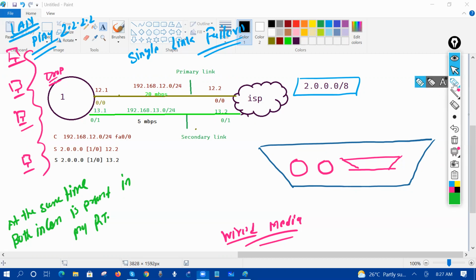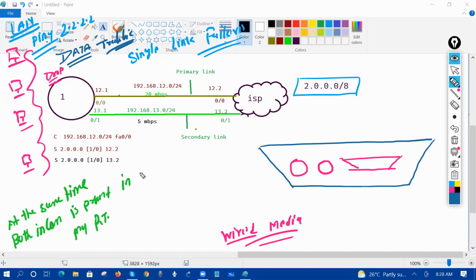See, if I talk according to the scenario, take an example of what my scenario is. If all these users are going to send data traffic over there, right? It's good.